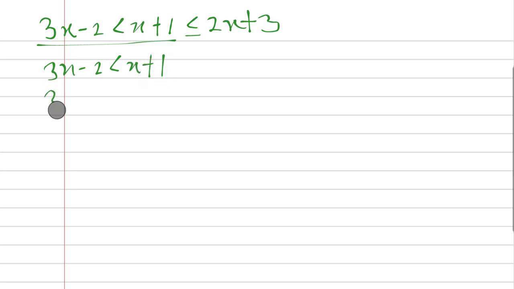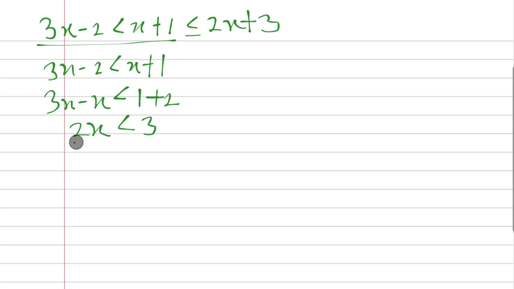That will now be 3x minus x less than 1 plus 2. I'm sure you know what I'm doing there. I collect like terms. So this will be 2x less than 3. Sure you get the idea?